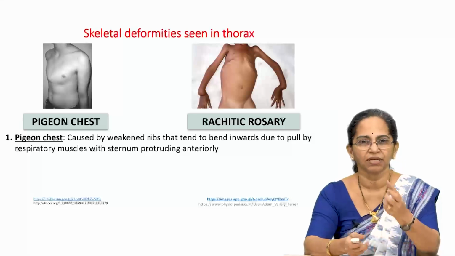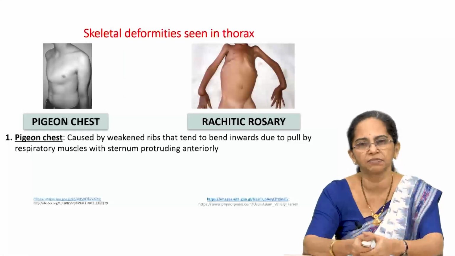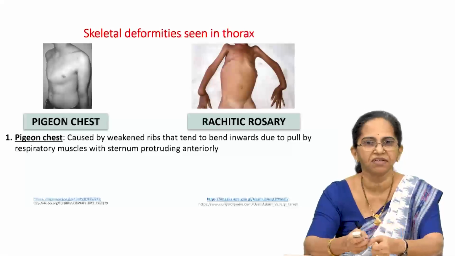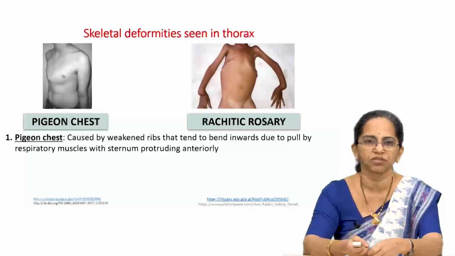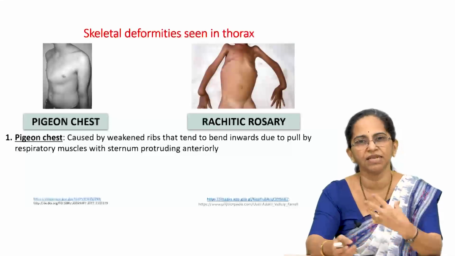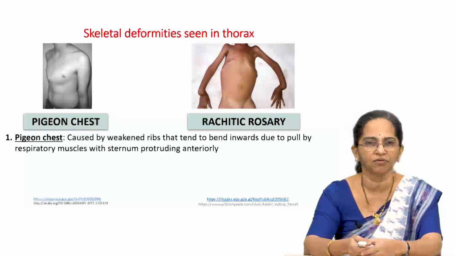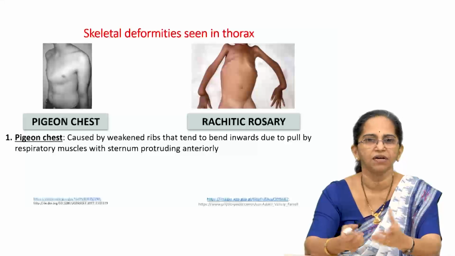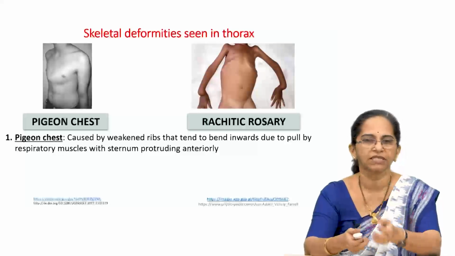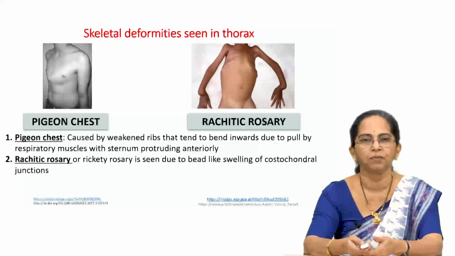There is a sort of pull created by the respiratory muscles. The ribs are already very weak and the sternum tries to project forward. So, in the first picture, you can see the sternum projecting forwards, and this is because of the weakened ribs and also the muscles creating an inward pull.